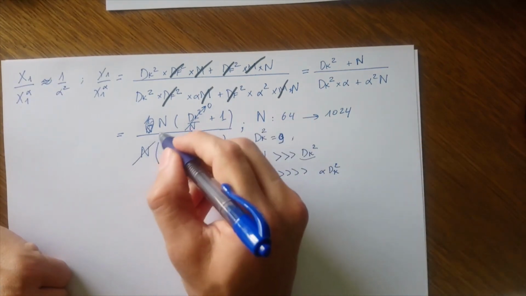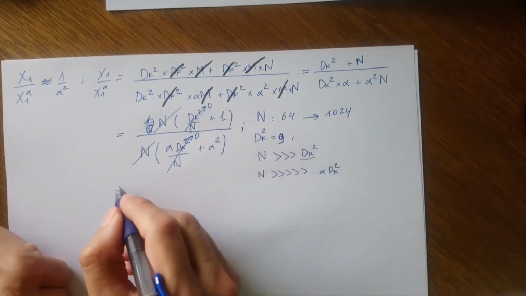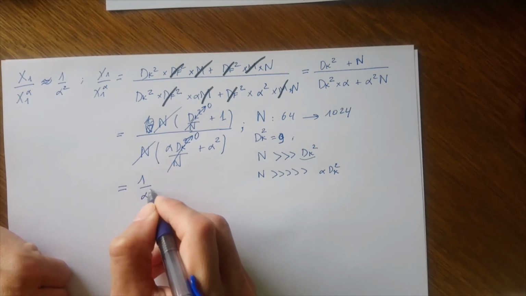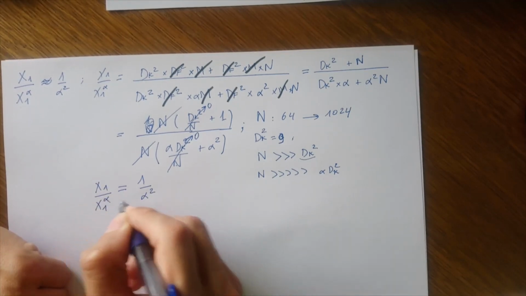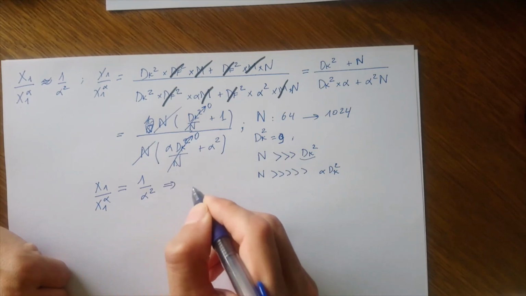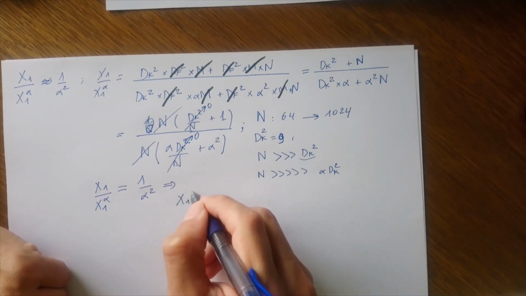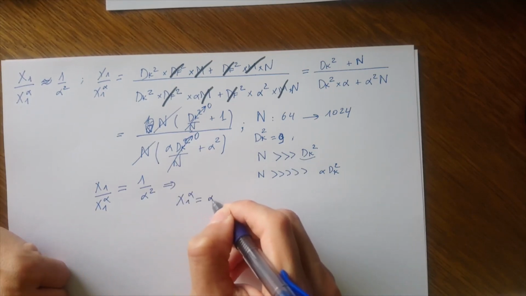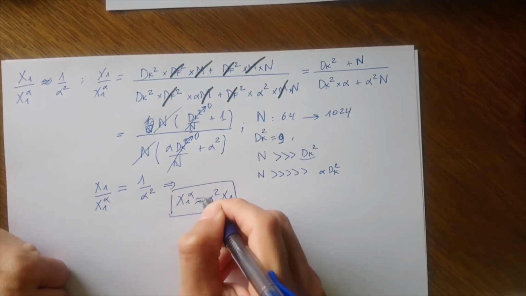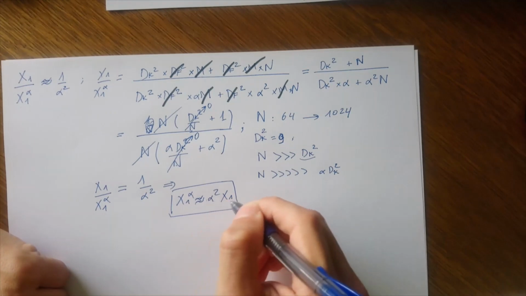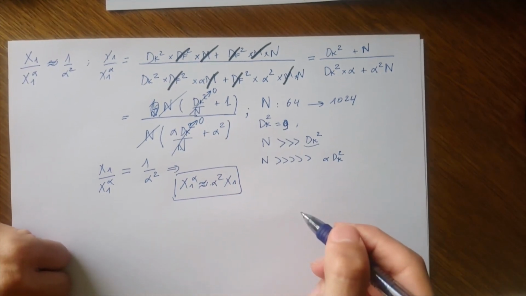So I simplify n and n, and what I get is 1 divided by alpha squared, so this is x1 divided by x1 alpha. So that's it. x1 alpha is approximately equal to alpha squared x1. So this is the derivation if you care about it.